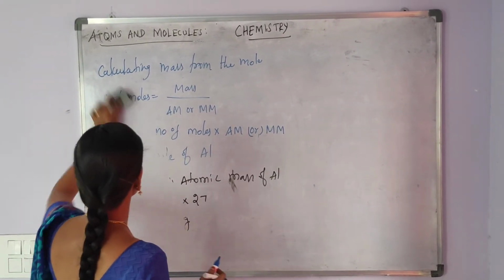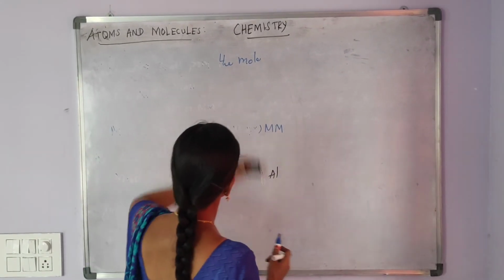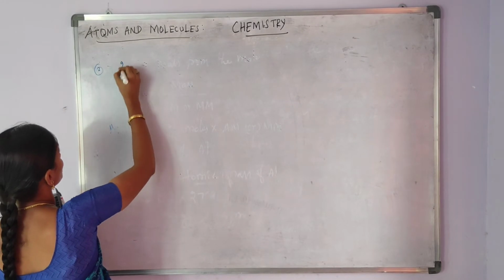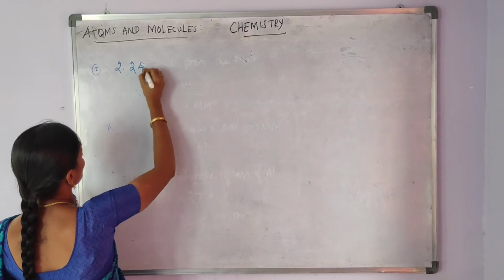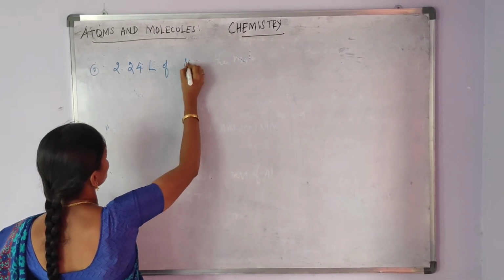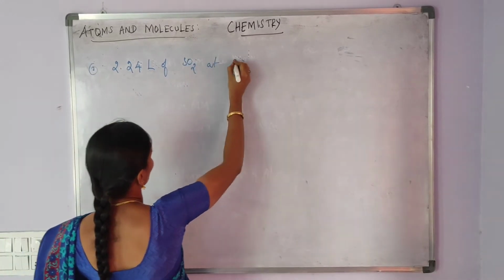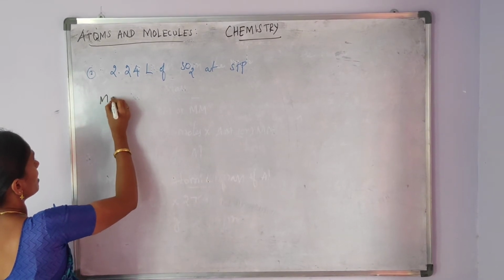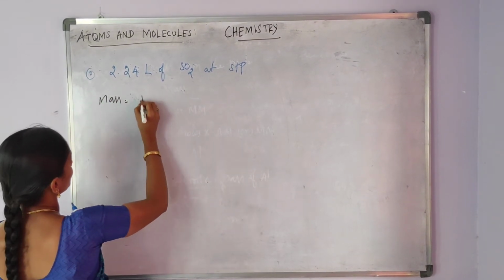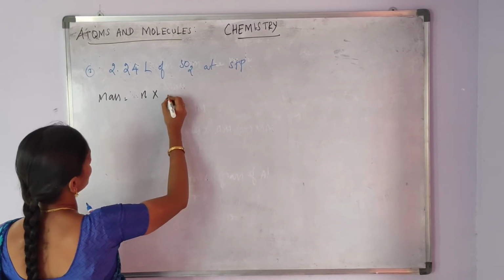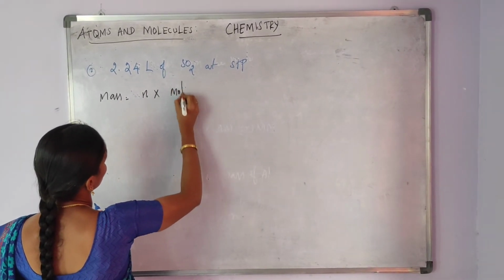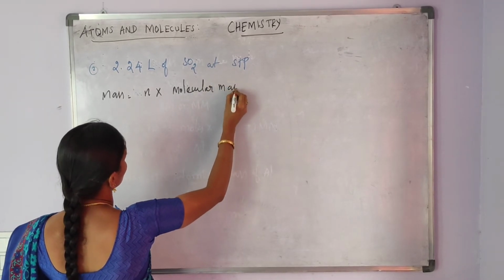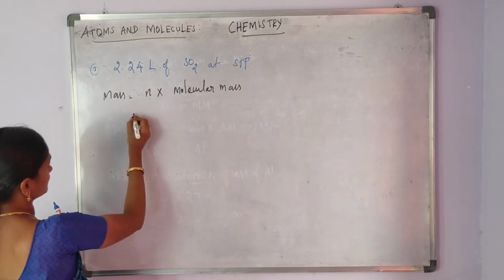Okay, and then the second problem is 2.24 liter of the sulfur dioxide gas at STP. The formula is mass is equal to number of moles into molecular mass.